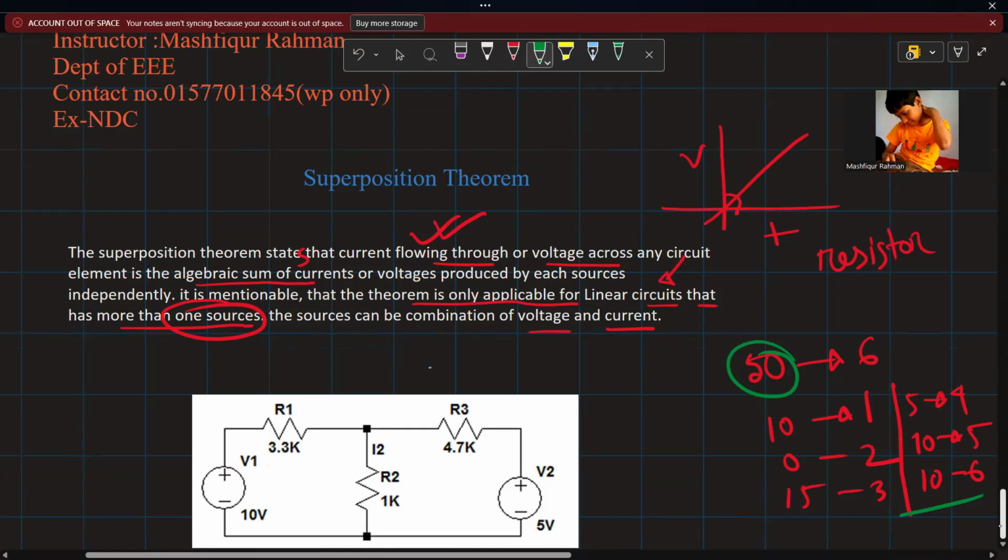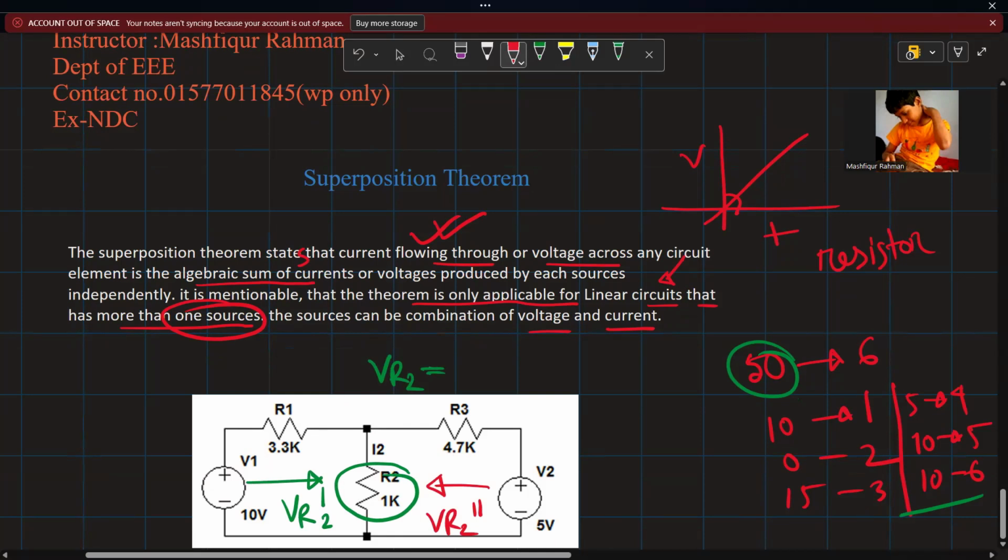Let's look at the circuit. Let's say the voltage difference across the R2 resistor is VR2. The 10 volt source has an effect on the R2 resistor, and let's say that effect is VR2 prime. The 5 volt source also has an effect on this element, and that is VR2 double prime.